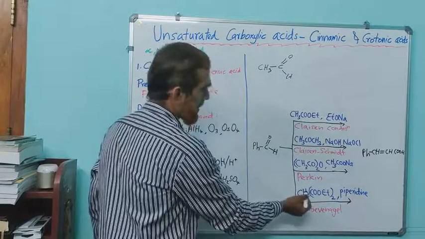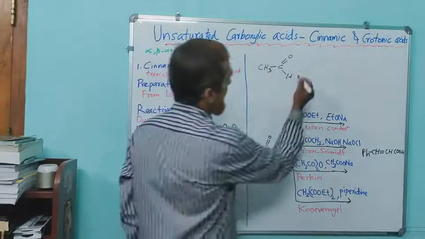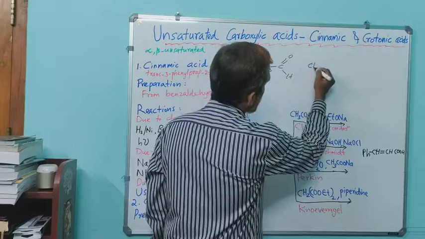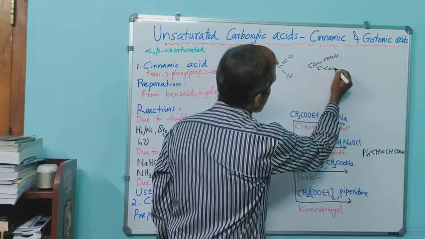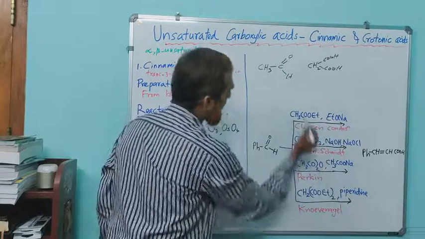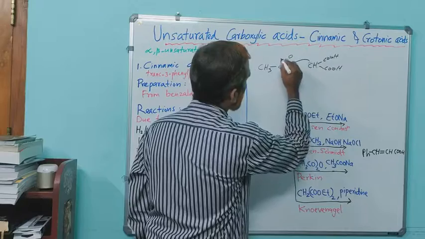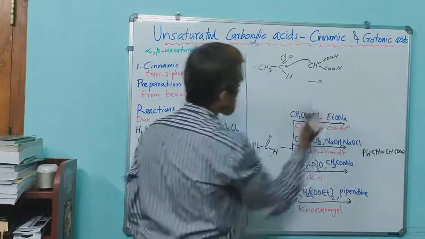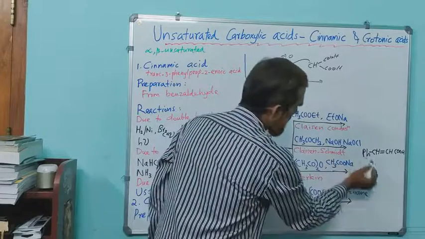And what happens? We can now explain here using malonic acid itself. That also will react. So if you take malonic acid, COOH, okay. In presence of the base, this will become carbanion, then attack here as usual. You get the similar reaction. So only thing is that instead of Ph, it will be CH3.